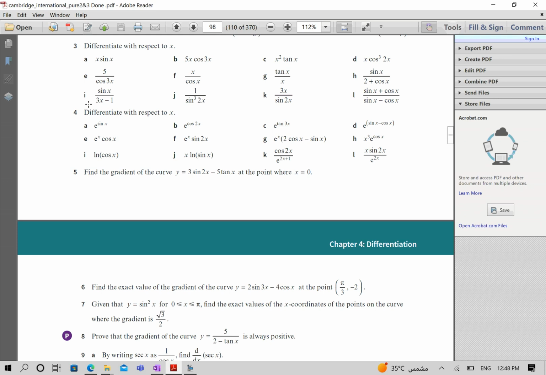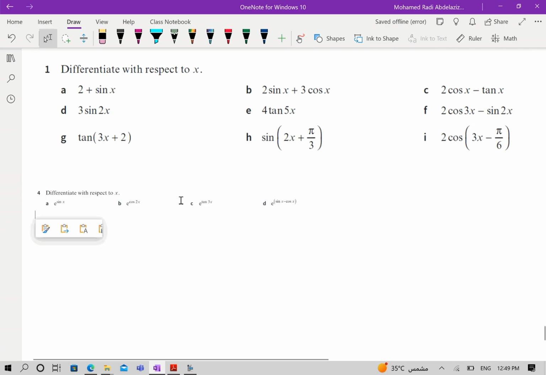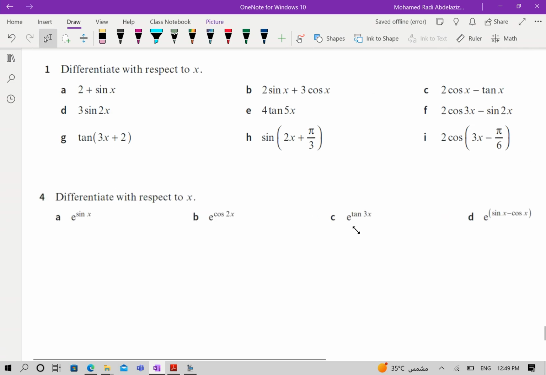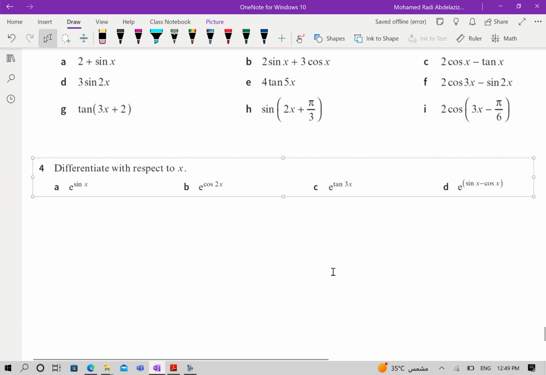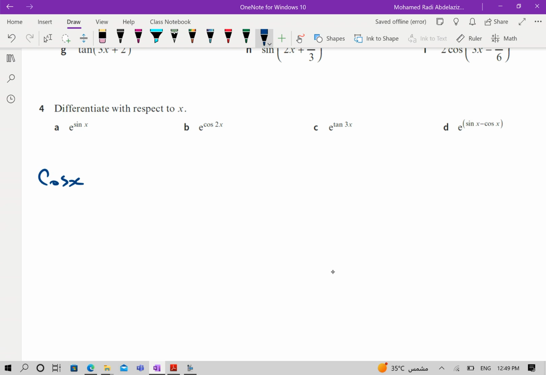If given an exponential with trigonometry, differentiation of e power of sine x is cosine x times e power of sine x. Next, e to the power of cosine 2x: differentiation of cosine 2x is what?